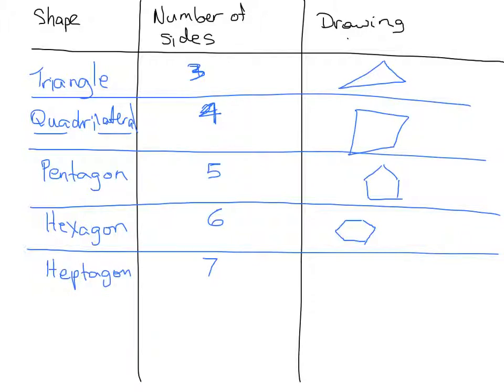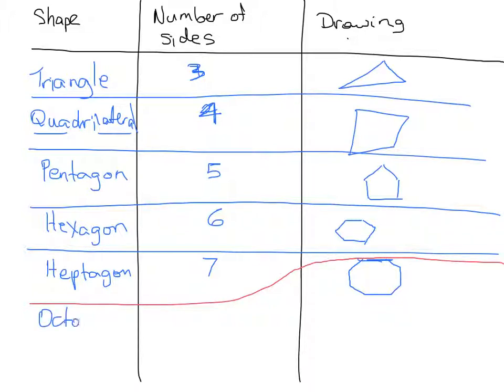And then it gets harder to draw, but I'm going to try because I really want you to see all the good stuff I have for you here. Let's see, did I do it correctly? Let's count. We have 1, 2, 3, 4, 5, 6, 7. Oh, I went to an octagon. So I am happy that I successfully drew the octagon, so I'm going to keep that there. So that's my 8-sided figure.